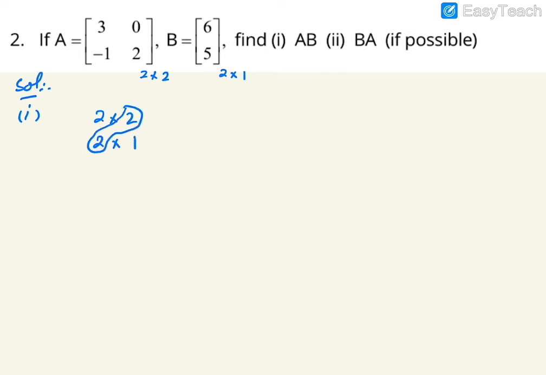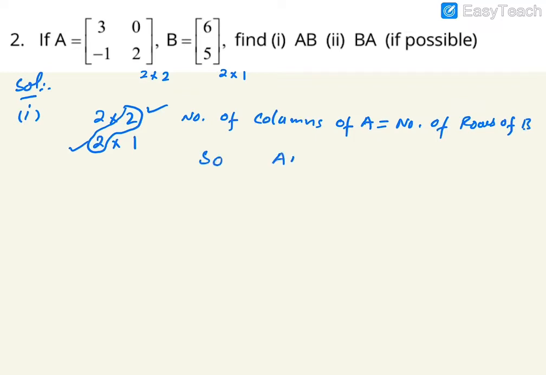So the number of columns of A is equal to the number of rows of B. So AB is possible. Multiplication of A with B is possible. Now we will see how to multiply. This will be the order of the product, the answer.